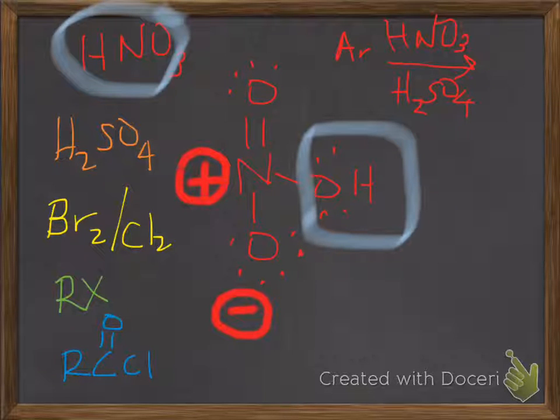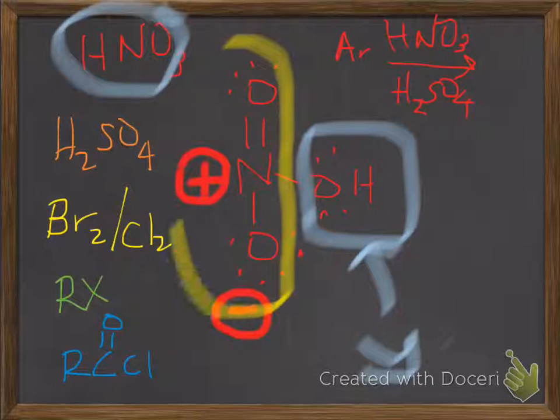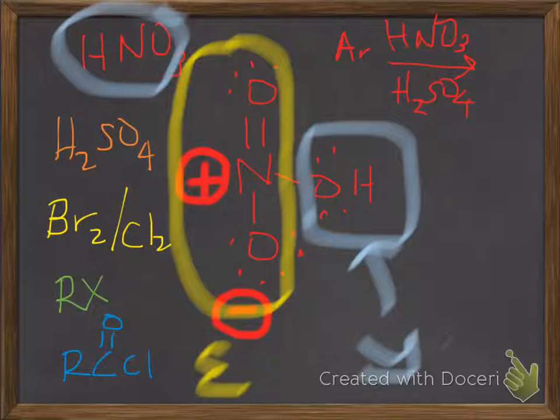Okay, so the OH becomes more delta minus, and so that is your Y, and this becomes your E. Okay?